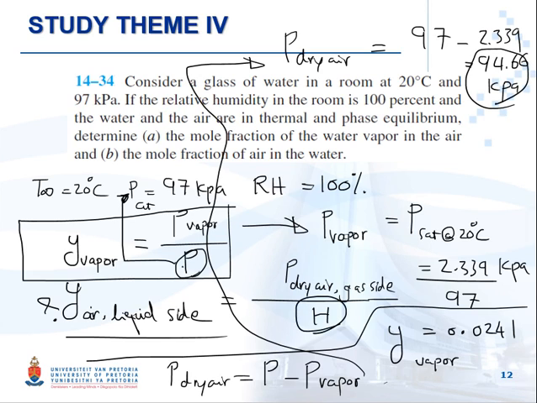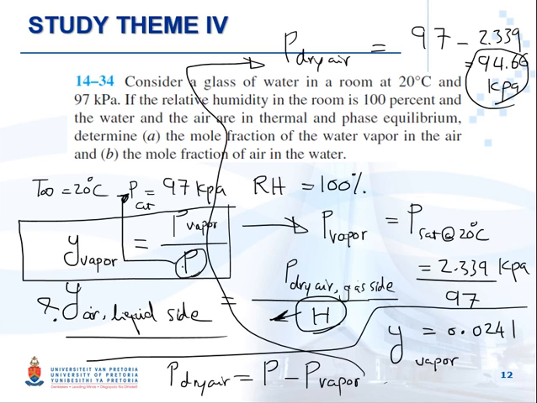So now we have this one. We go and read the H from the table, and we can find the mole fraction of air in the water. But we need to think about that H. When we read it from the table, the unit is bar, but the pressure of dry air on the gas side we calculated in kilopascal, so we need to convert it.